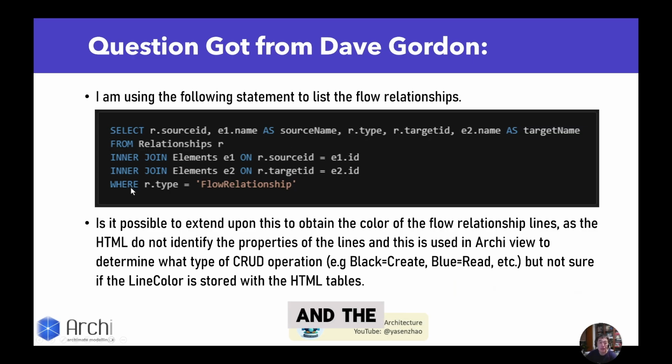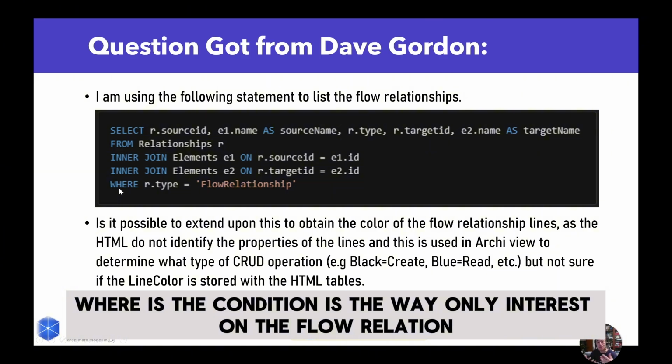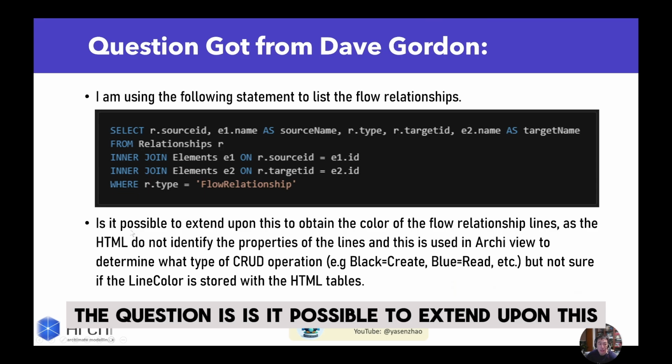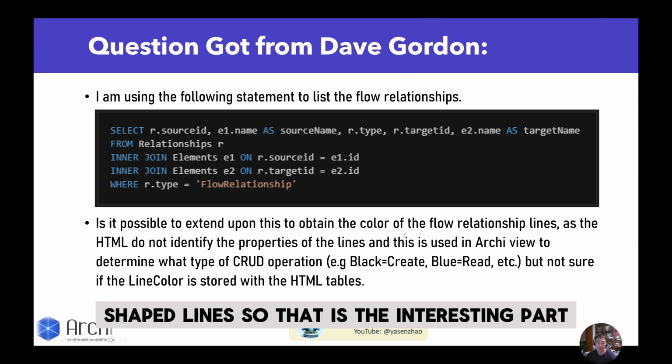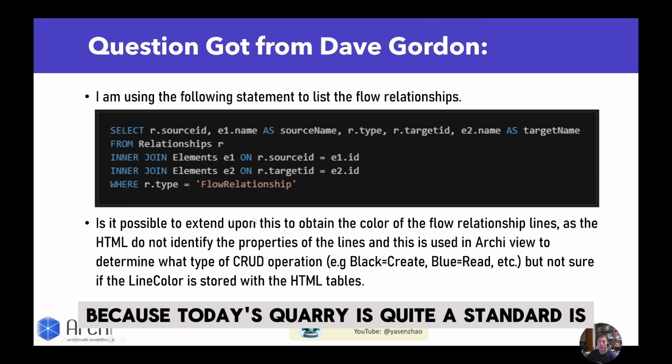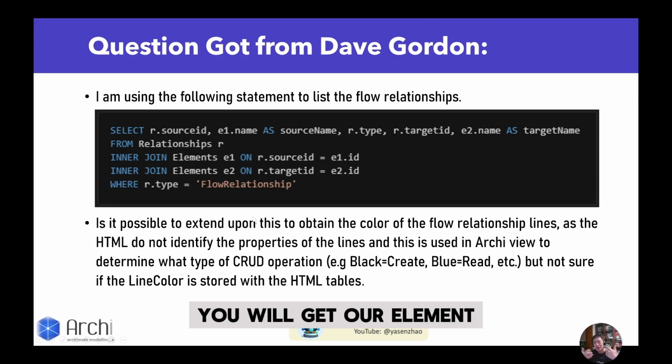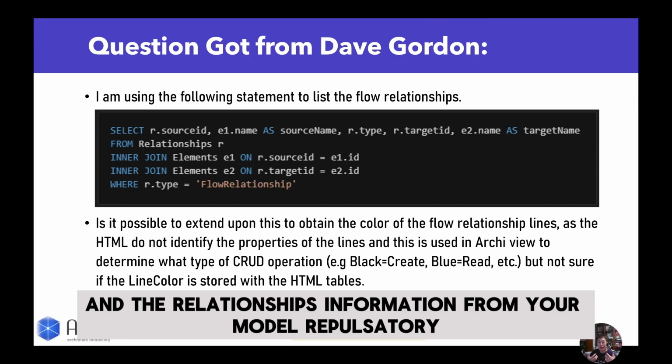And the where condition is that we're only interested in the flow relation. The question is: is it possible to extend upon this to obtain the color of the flow relationship lines? That is the interesting part, because this query is quite standard. You will get the element and relationship information from your model repository.